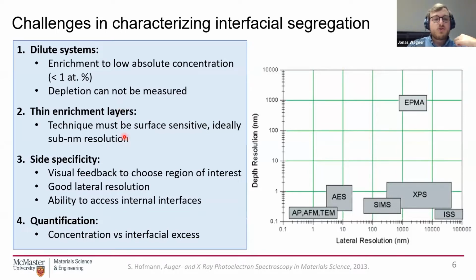We might want to analyze different grains, which are in the micrometer range, or we want to analyze the surface and try to find a spot where there's no oxide nodule, or we want to avoid a specific inclusion or surface defect. So we need a very good lateral resolution, but also we need to be able to get visual feedback to choose our region of interest.